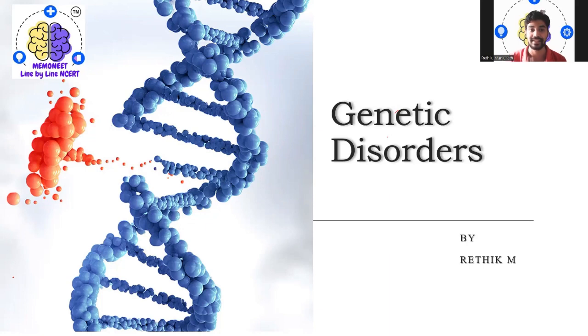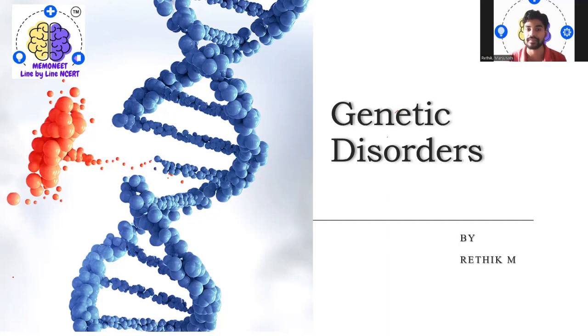Sounds interesting, right? Today we will get even deeper into what exactly mutation is and what kind of disorders come when a mutation happens at the genomic level as well as at the chromosome level.